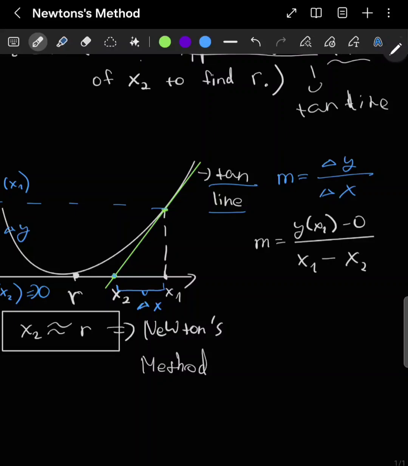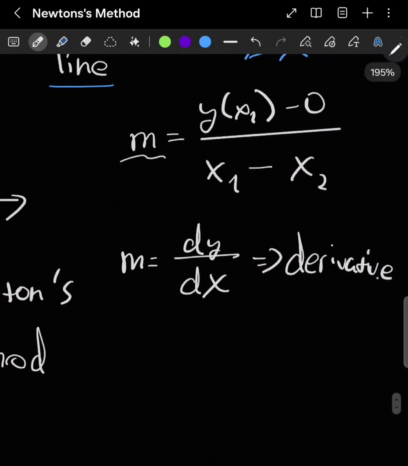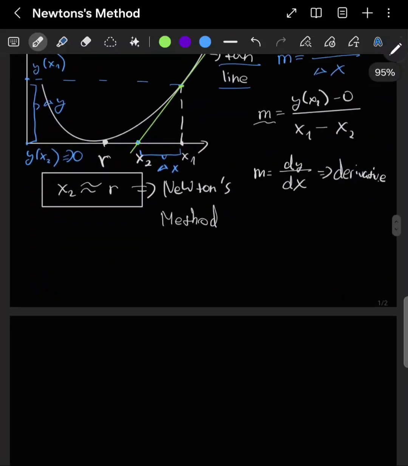So now let's think about that. What is slope? Slope is basically dy over dx, which is the derivative. So slope is also defined as the derivative, right? It means y(x1) over x1 minus x2 is equal to f prime of x1.